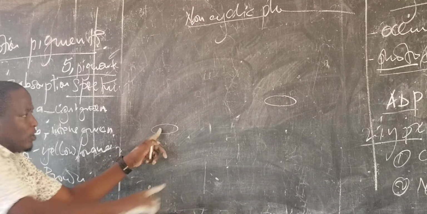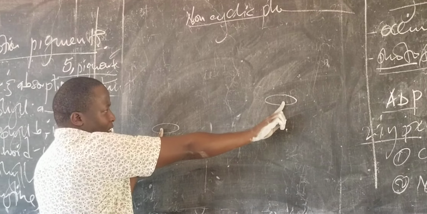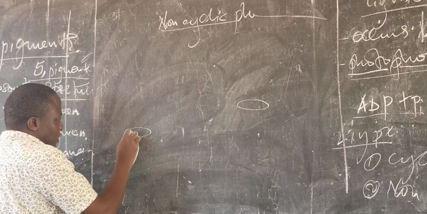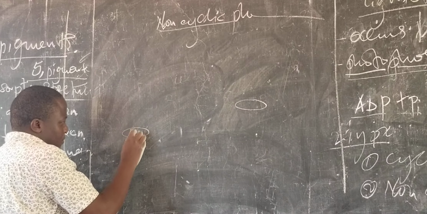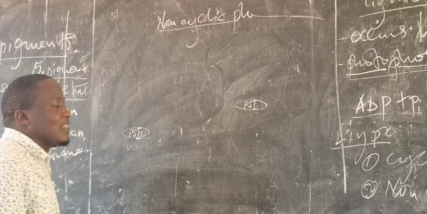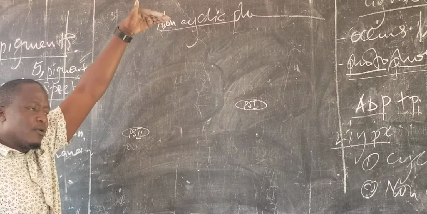If you remember very well what I communicated previously, you will know which one is photosystem 1 and which one is photosystem 2. If you remember correctly, you will know that this is probably photosystem 2, and this one is photosystem 1, because it is at a higher energy level.